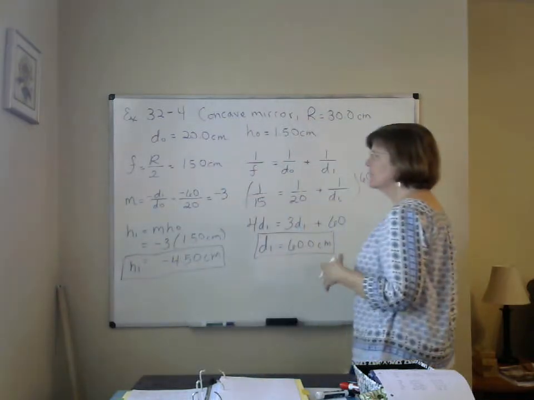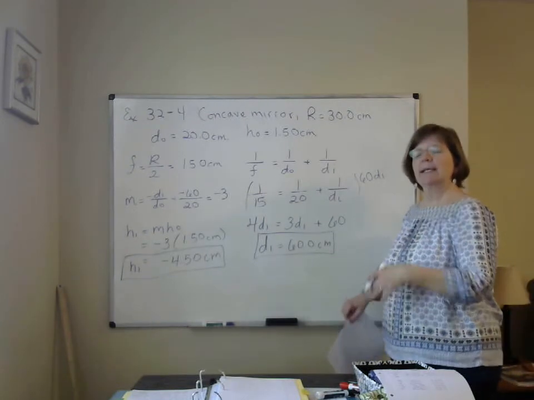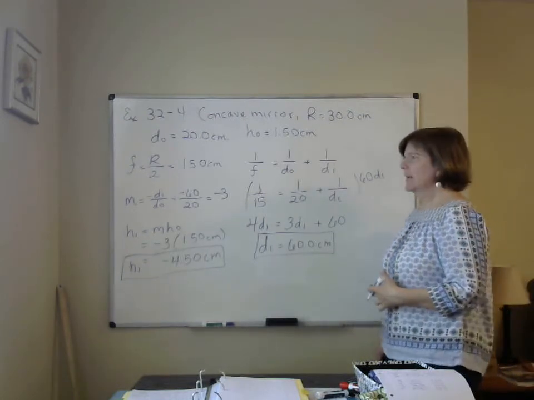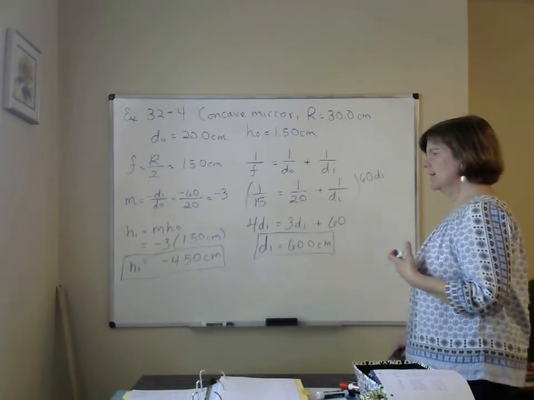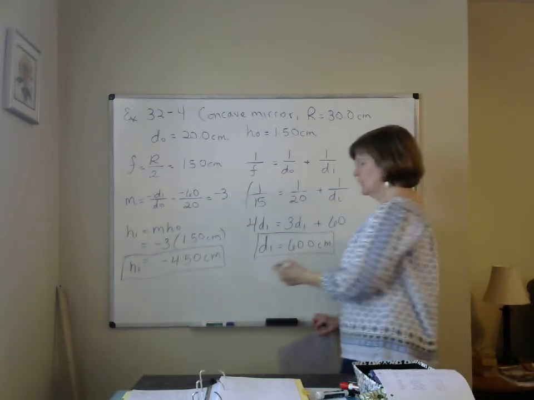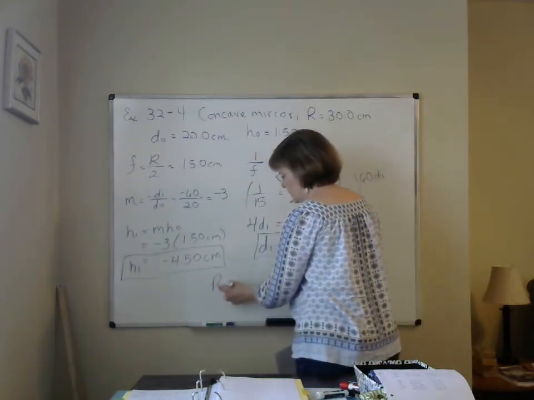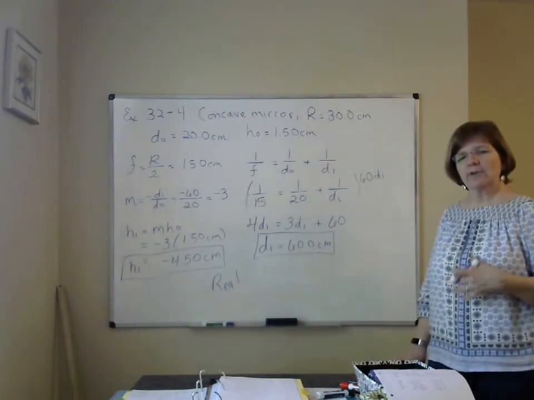What the negative magnification is telling us is that it is inverted. It is upside down. If it's upside down, then this is apparently a real image. Real images are always inverted.